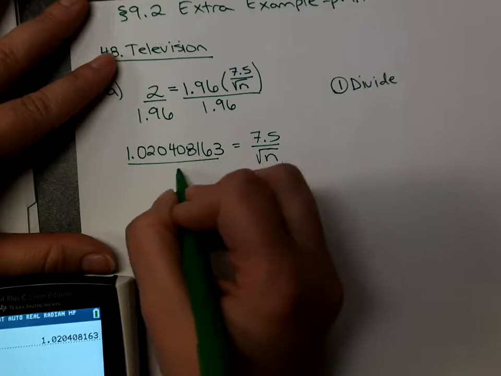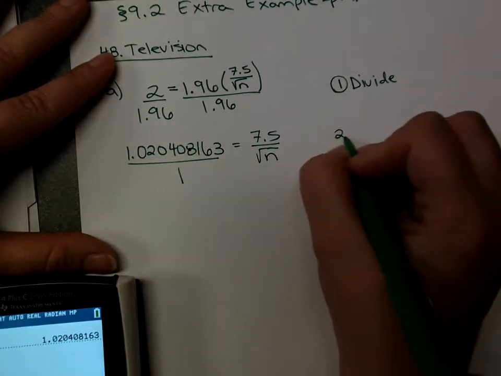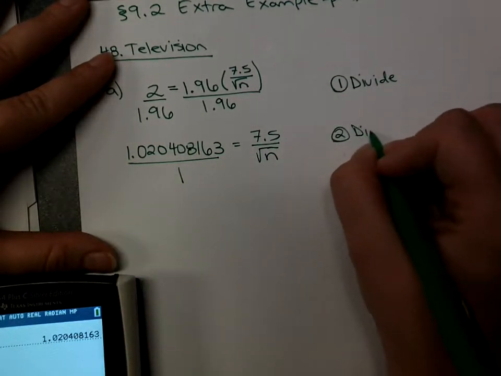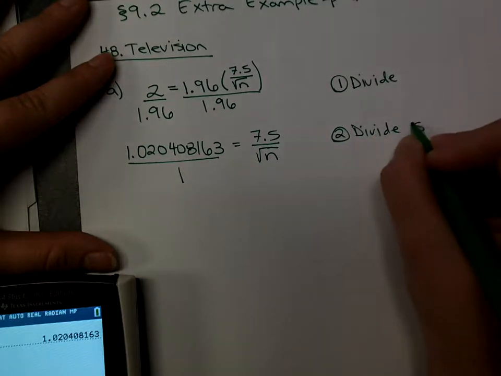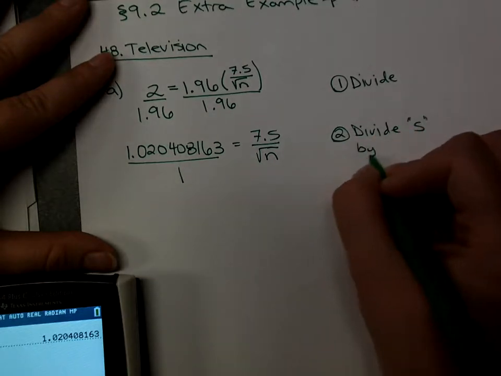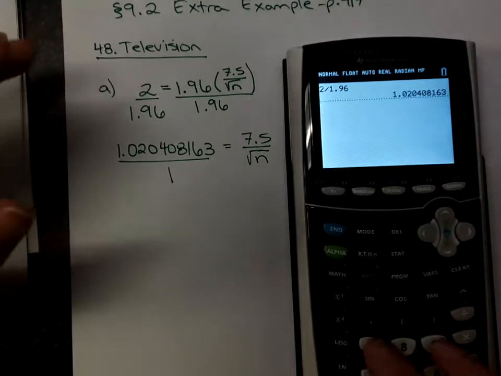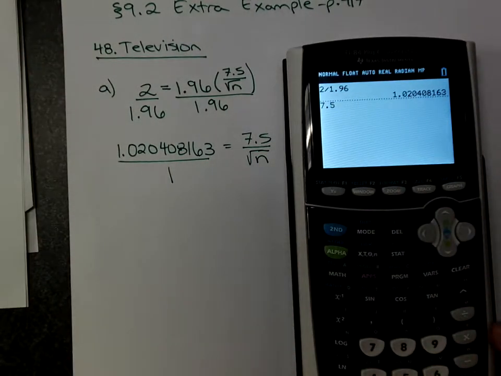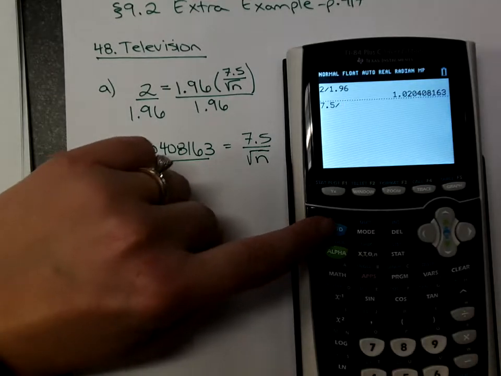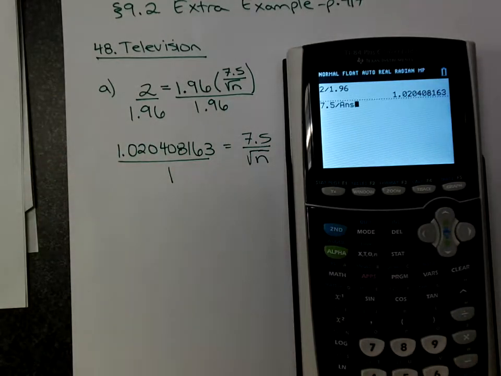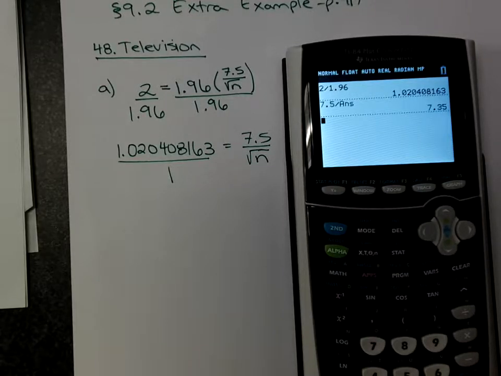Some people like to put that over 1 and cross multiply. Really what you're doing is dividing the standard deviation by the answer. And so I do 7.5 divided by second negative. What that does is put the exact answer in there, so I'm not rounding at all.